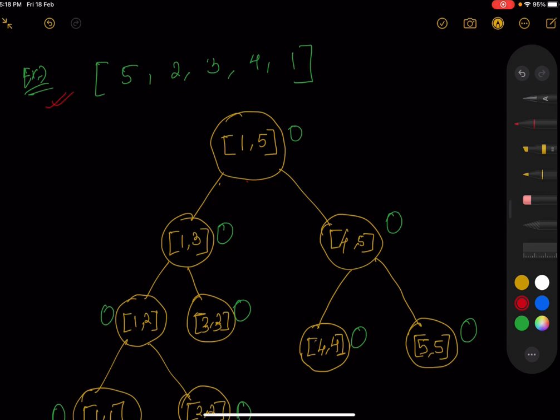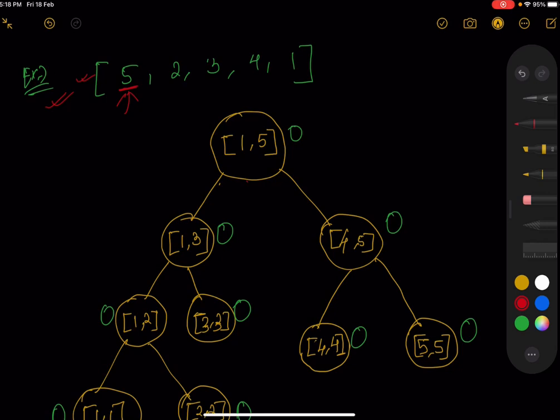Now we iterate from left to right on this array. So let us say we are at this element. The value of this element is 5. So we need to find how many elements are lying to the left of this element and are lesser than 5. So effectively what we want to calculate is the number of elements in the range 1 to 4.